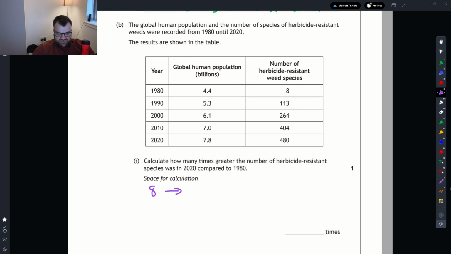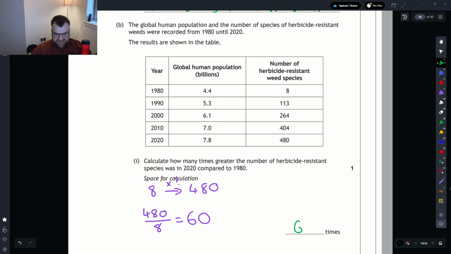So 8 compared to 480. We're trying to work out 8 times what is going to give you 480. One way you can do that is just divide them. So 480 over 8 will give you 60. So 8 times 60 is going to give you 480. So it's 60 times bigger.